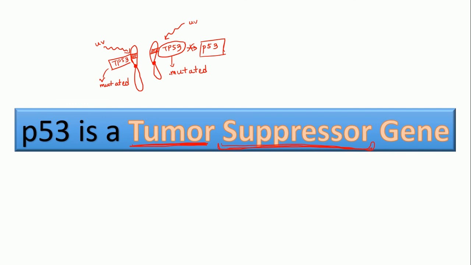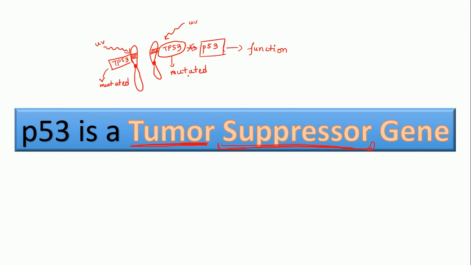But if only one of the TP53 genes has a loss of function, that's quite fine, because the other TP53 gene is all right, and it can encode a functional p53 protein, and that can do all the function. So a recessive mutation in both of the loci of the homologous chromosomes is required for the formation of a tumor or a cancer.